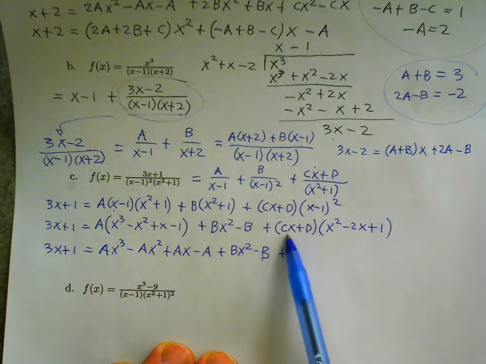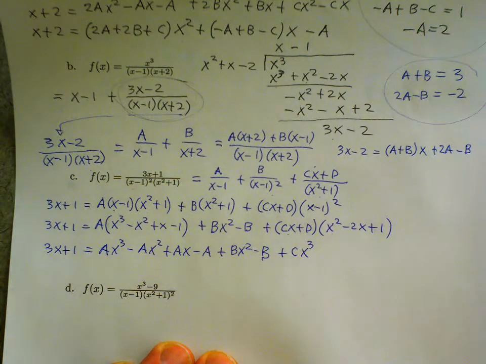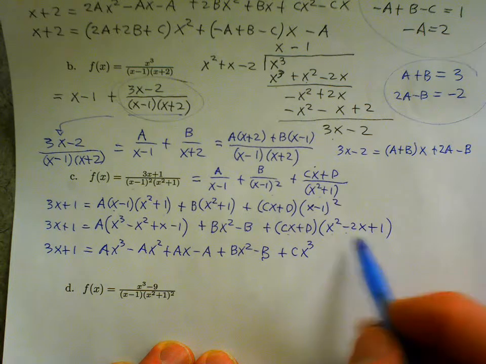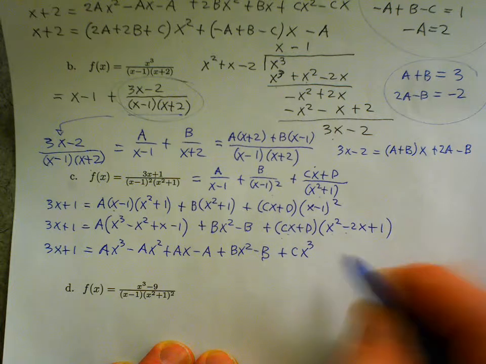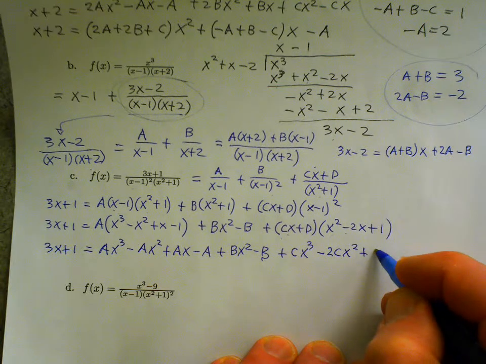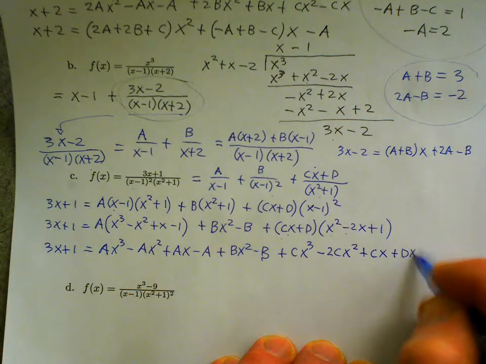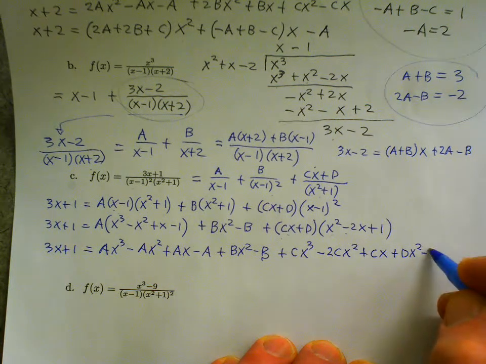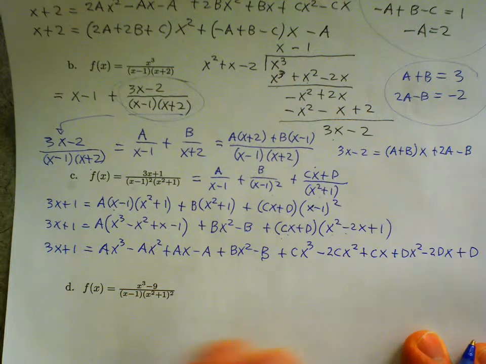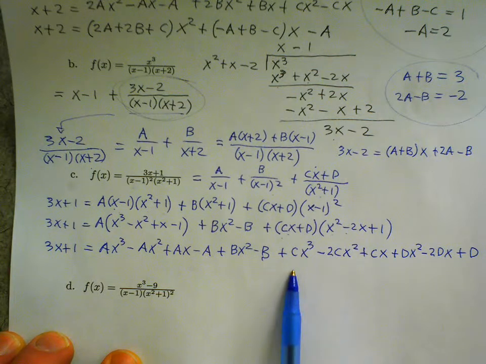And then here we have cx times x squared, so we'll get cx to the third, and then minus cx squared minus 2cx squared, and plus cx times 1, and then plus dx squared minus 2dx plus d. Okay, I think I'll leave the rest of that for you, unless you have questions about how to proceed.